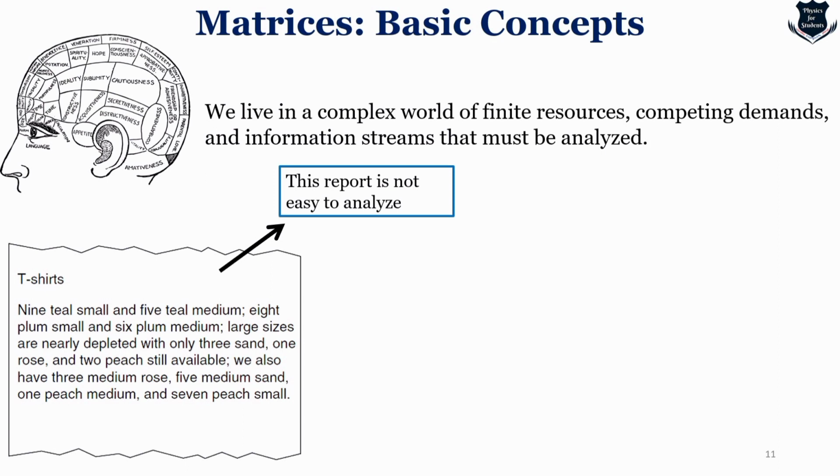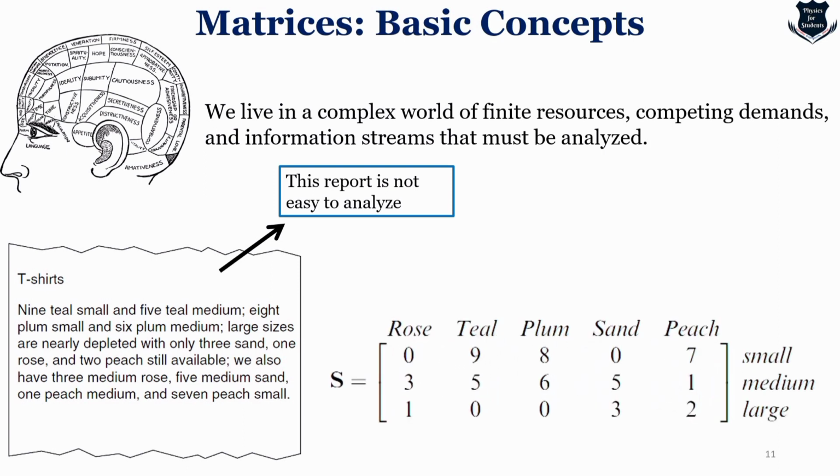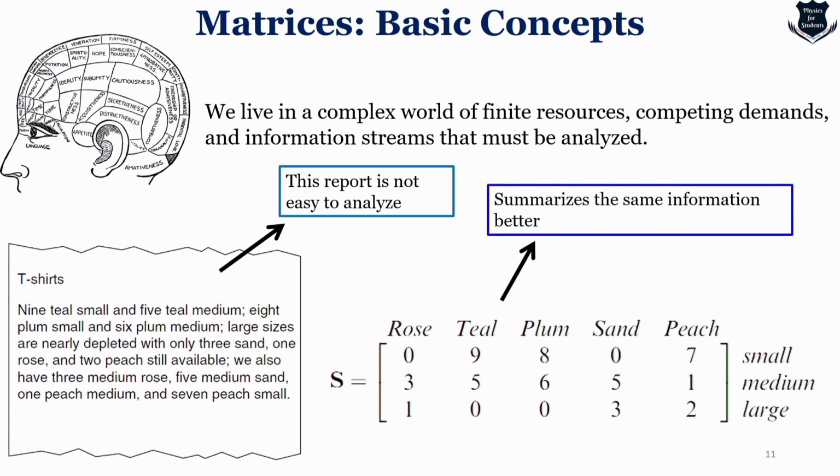You see that we are coming to matrices, but before that I'm trying to explain the reason and how it helps. This collection of t-shirts, if you put it in this way, is much easier and more familiar for us to understand. So we put the colors down one side, and the sizes small, medium, and large across the top.